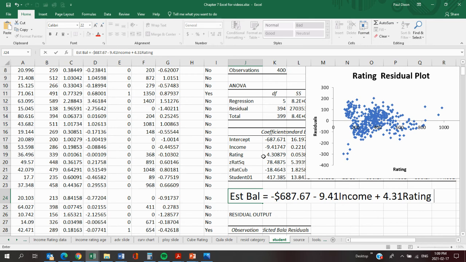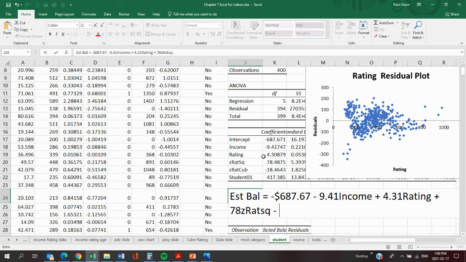I've got these funny things, plus 78 times Z rat squared. So that tends to be a number that's fairly small. It's around 1 in many instances. So it's got a big coefficient, but it's probably only increasing by maybe $78.